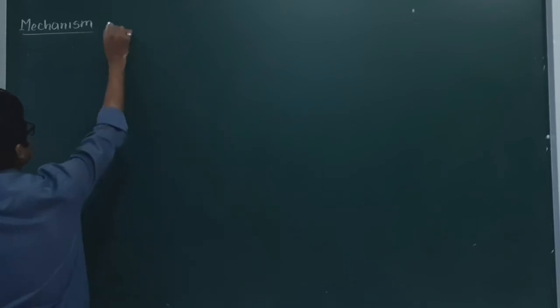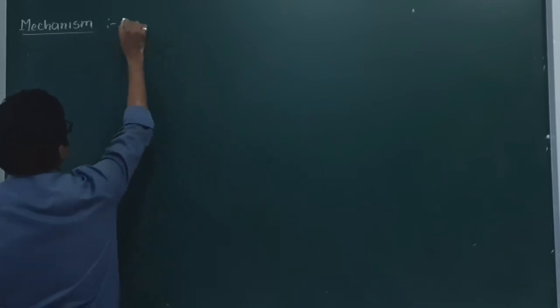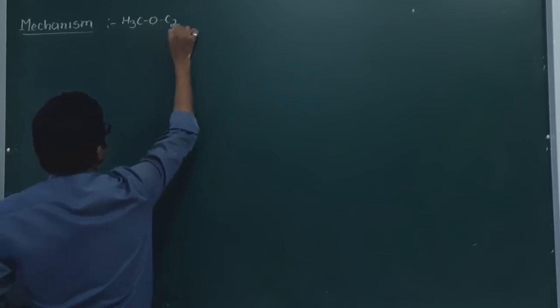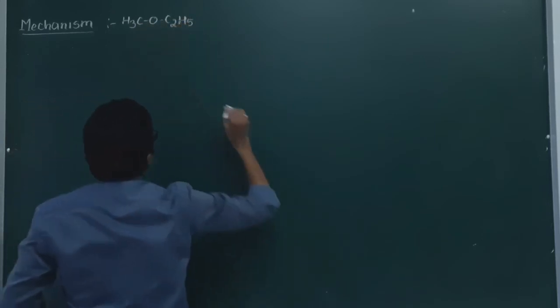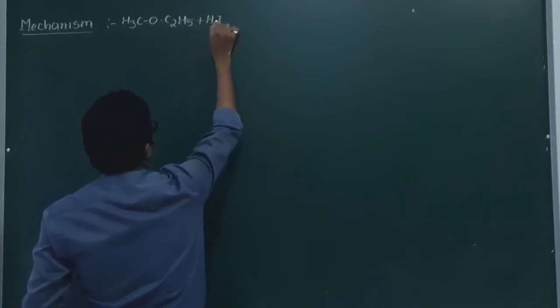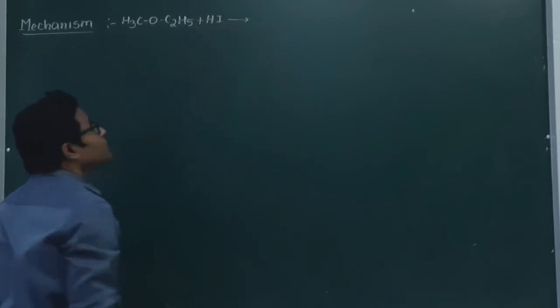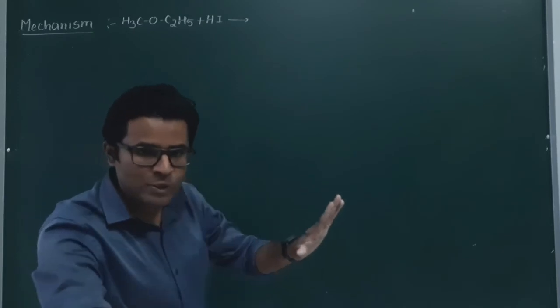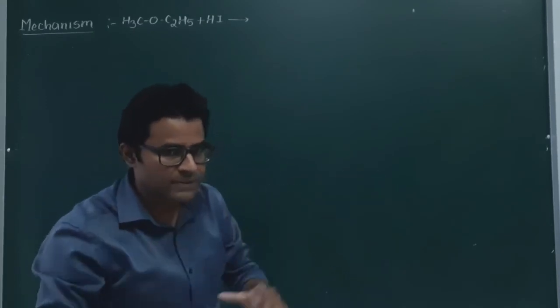Let's take into account, as an example, CH3OC2H5 plus hydrogen iodide. Let's see what answer we are going to get for this. Eventually this is a reaction wherein we are taking a look at the cleavage of oxygen and alkyl systems.